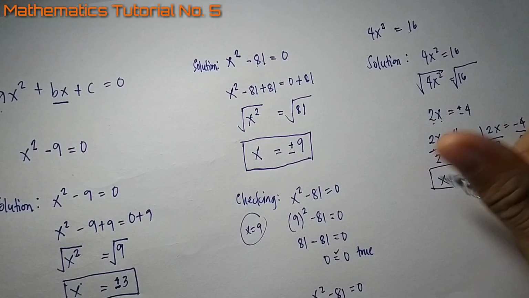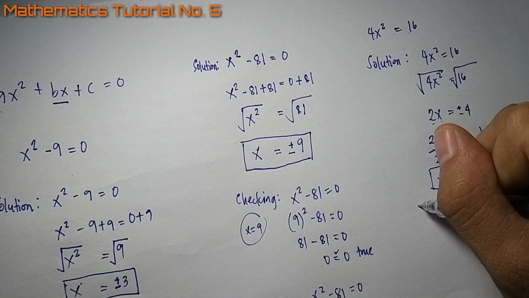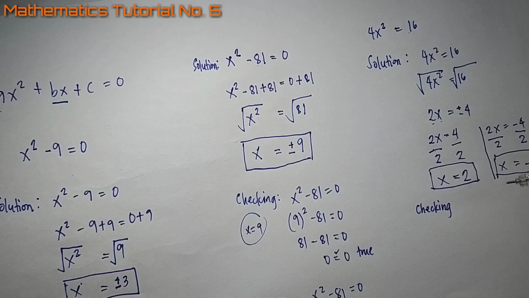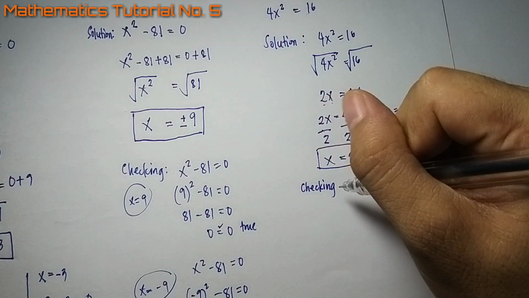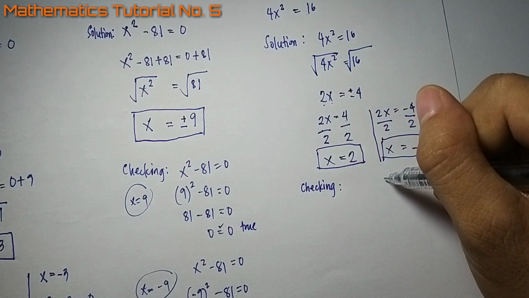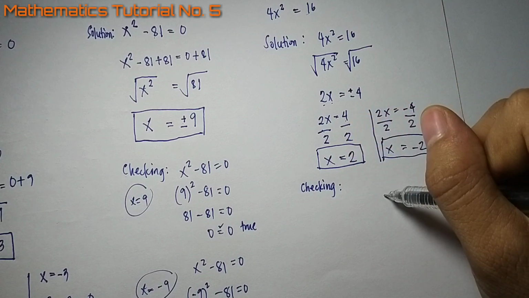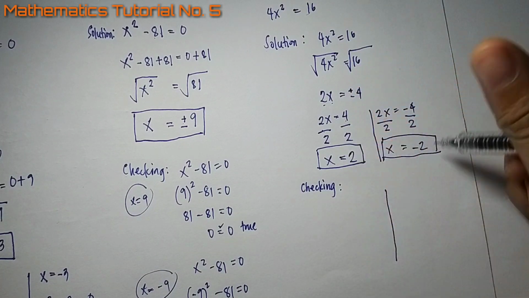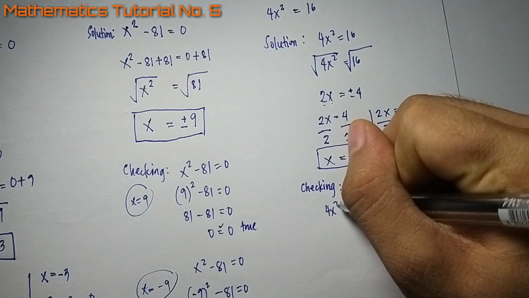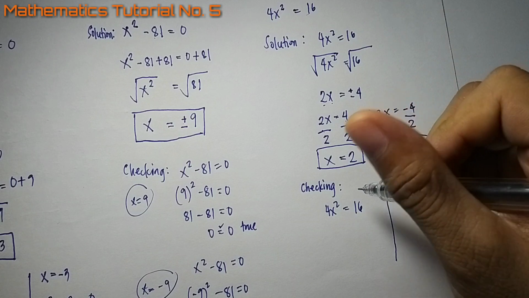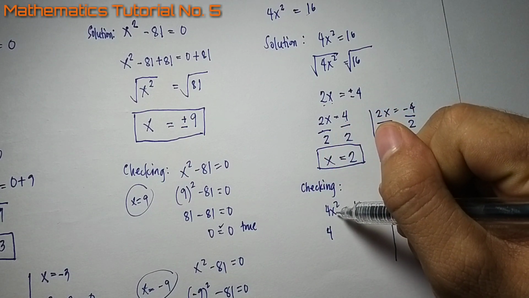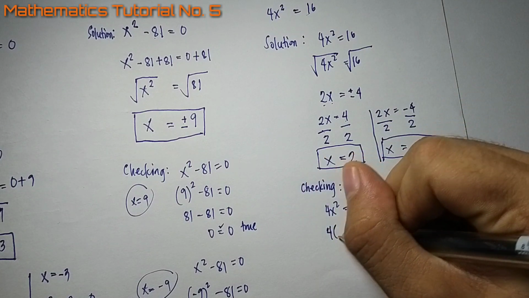So, let us check if our solutions, negative 2 and positive 2, are correct. We will start with positive 2. Let us go back to the given, 4x squared is equal to 16. So we have 4, and we replace x with 2, our solution.